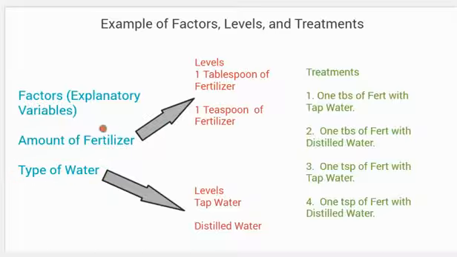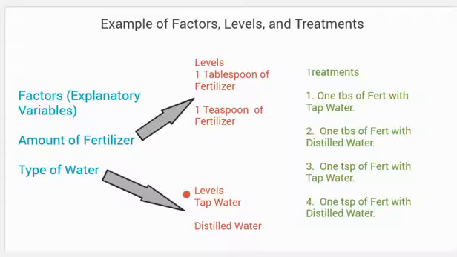Well, within the amount of fertilizer, I'm going to have some levels. I don't want to put the same amount of fertilizer in each one of the plants, so I decide to do 1 tablespoon of fertilizer for some of the plants and 1 teaspoon of fertilizer in the other plants. So these are 2 levels within this one factor.